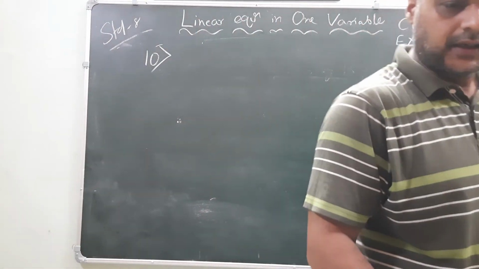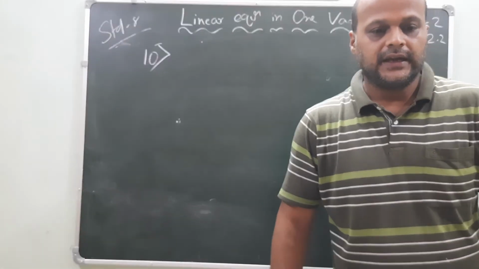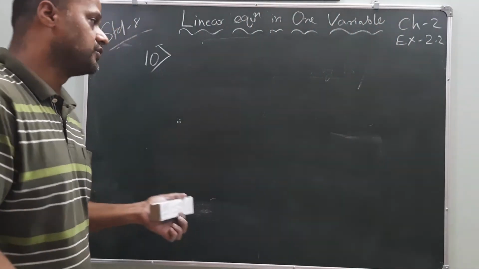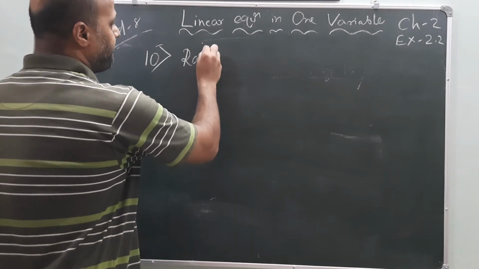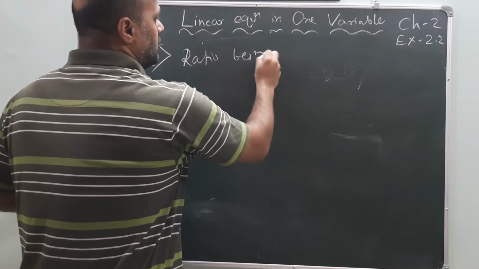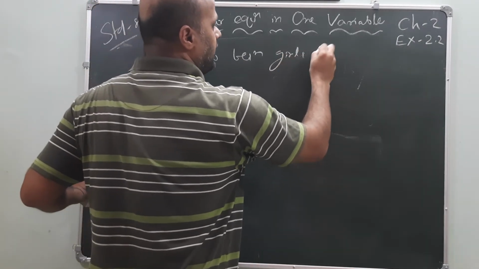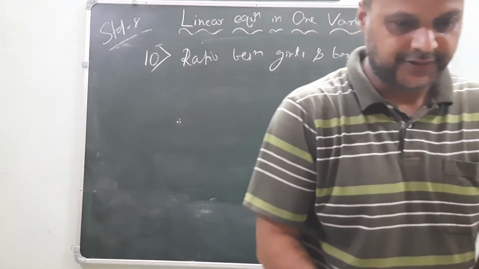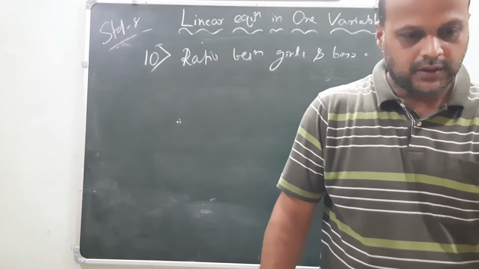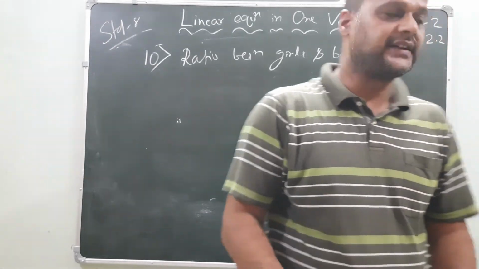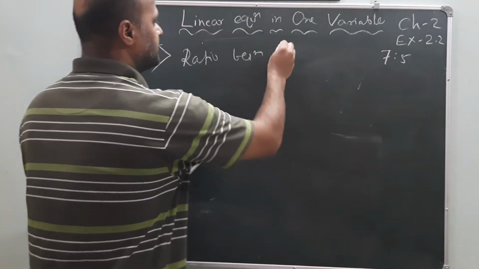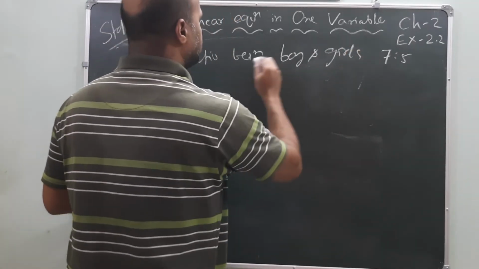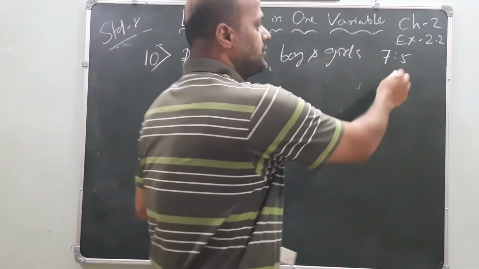It is saying that the number of boys and girls in a class are in the ratio of 7:5. Here it is also saying the ratio. Write it. Ratio between boys and girls is 7:5.